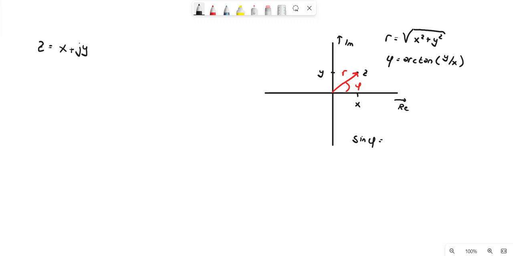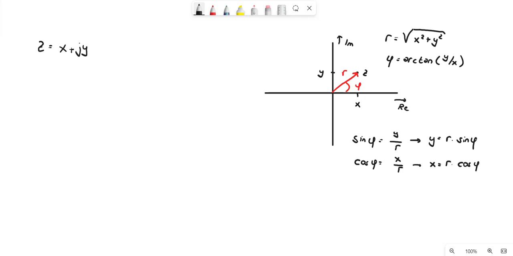And the sine of phi is y over r. This yields y is r times the sine of phi. We can do the same for the cosine of phi. The cosine of phi is x over r. So x is r times the cosine of phi.